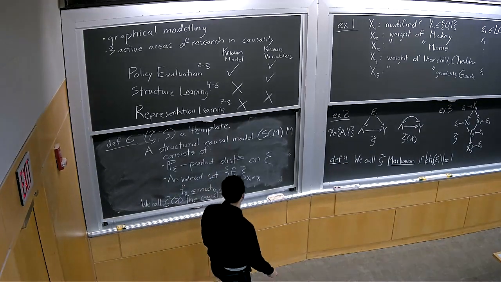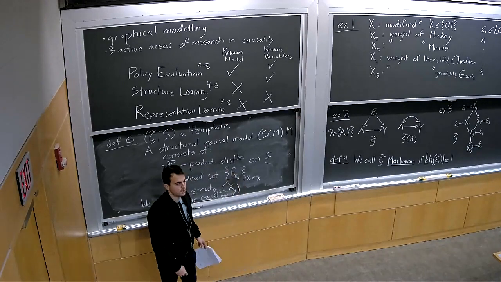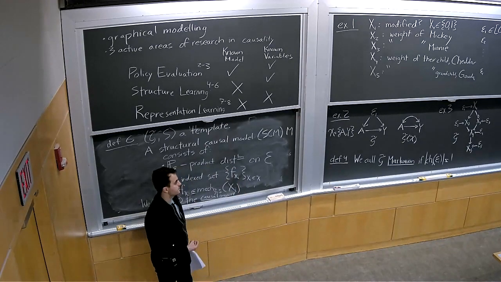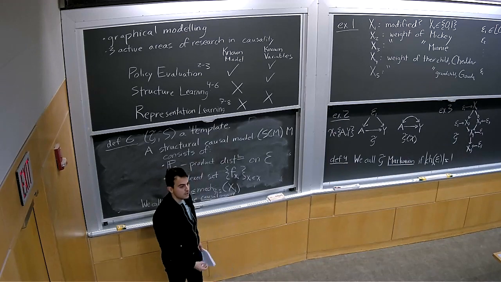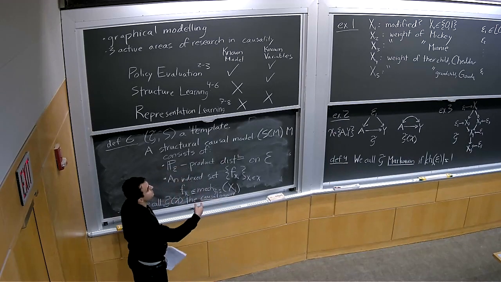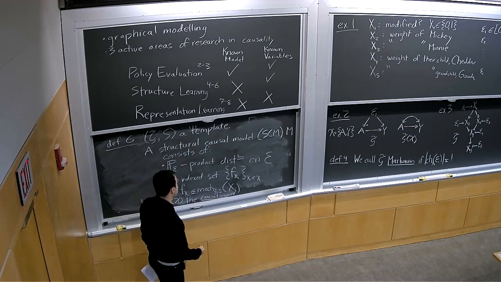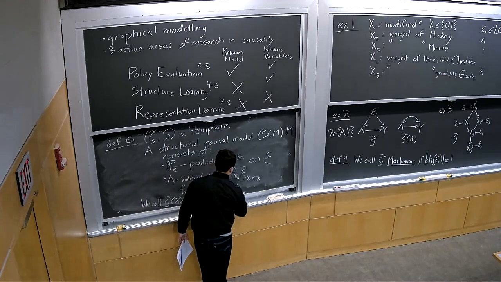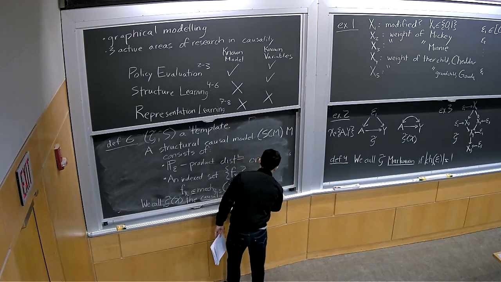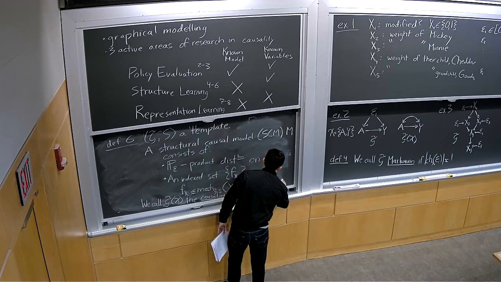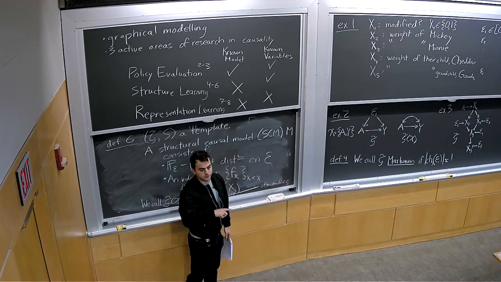And sometimes, especially in the Markovian setting, if we're really not caring too much about this full machinery of the exogenous variables, this is often denoted just by G without the tilde.